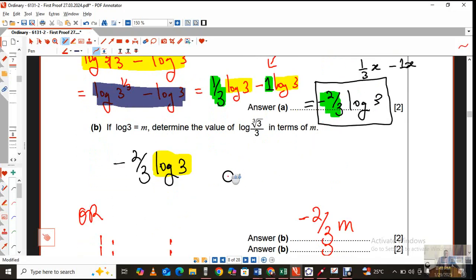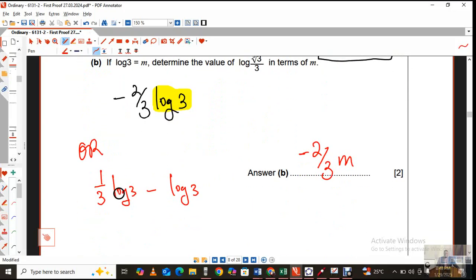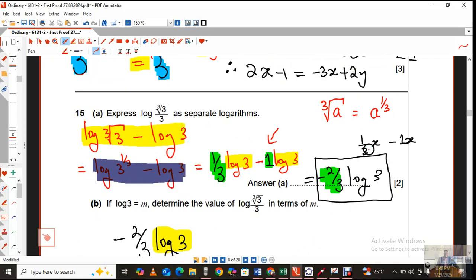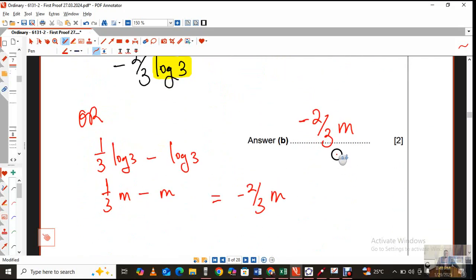What will that value be? It's the same as a third m minus m. That is going to give you nothing but minus 2/3 of m, where before I put x's. Can you see that? So whatever method you take, you'll get to the same answer. Let's go to the next question.